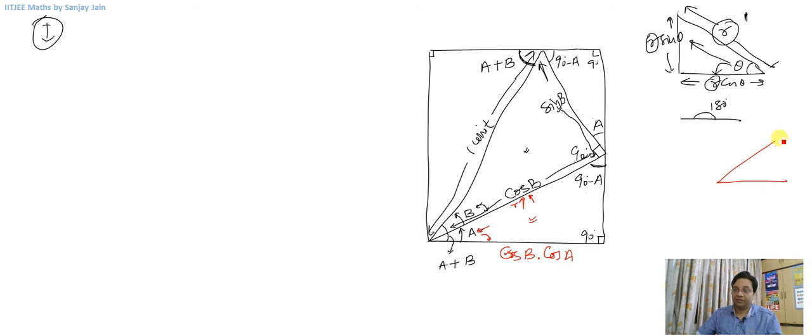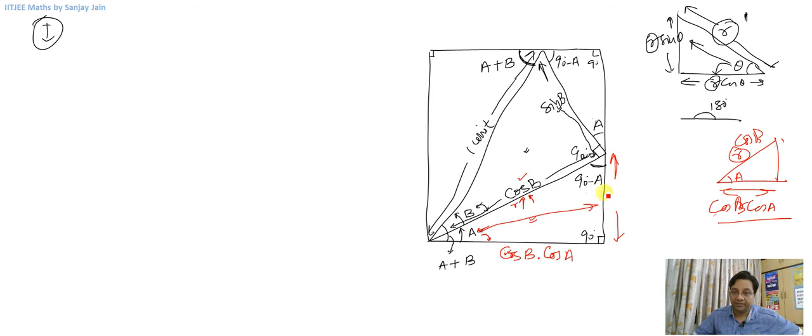What I am saying is, if this side is R and this angle is A, then this will be R cos A. Now R itself is cos B, so this will be cos B cos A. Similarly, you can think about this side here. This will be cos B sin A, or we can write it as sin A cos B.